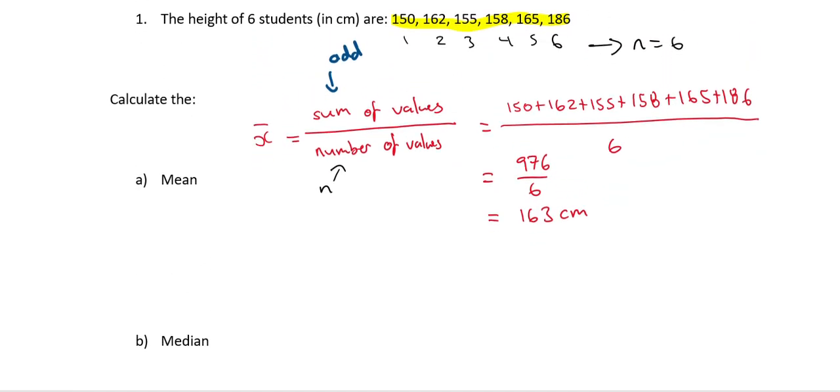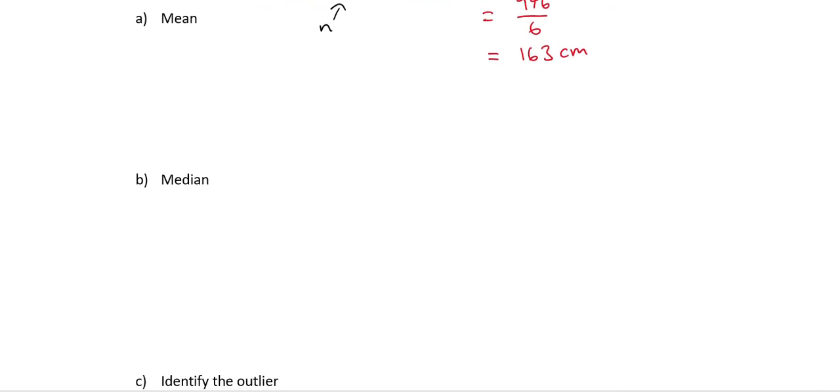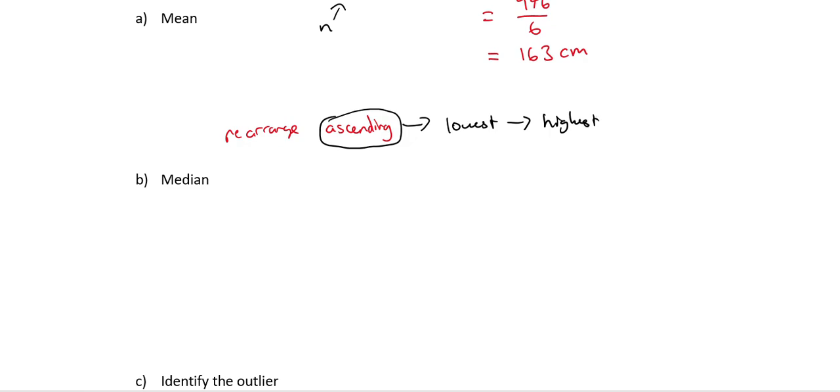The median. Whenever you're asked to find the median, you just rearrange to ascending order. Ascending meaning lowest to highest. That's all it means.